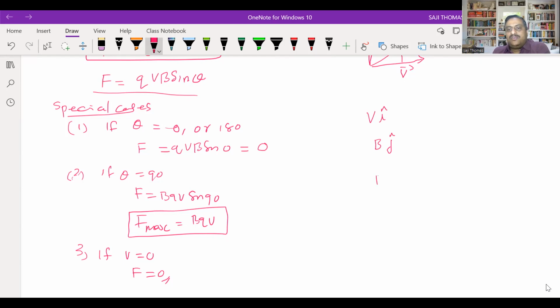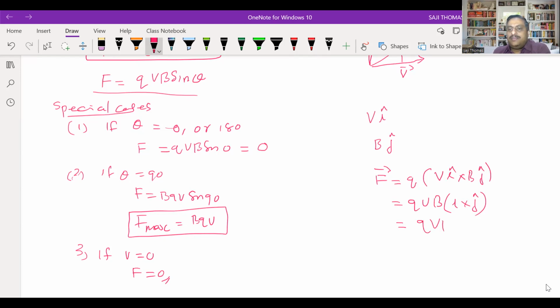Then how will you write the force? Q into V cross B. So V i hat cross B j hat. Q, V, B are magnitudes only, constant. i cross j, and you know, i cross j will be in what direction? k.